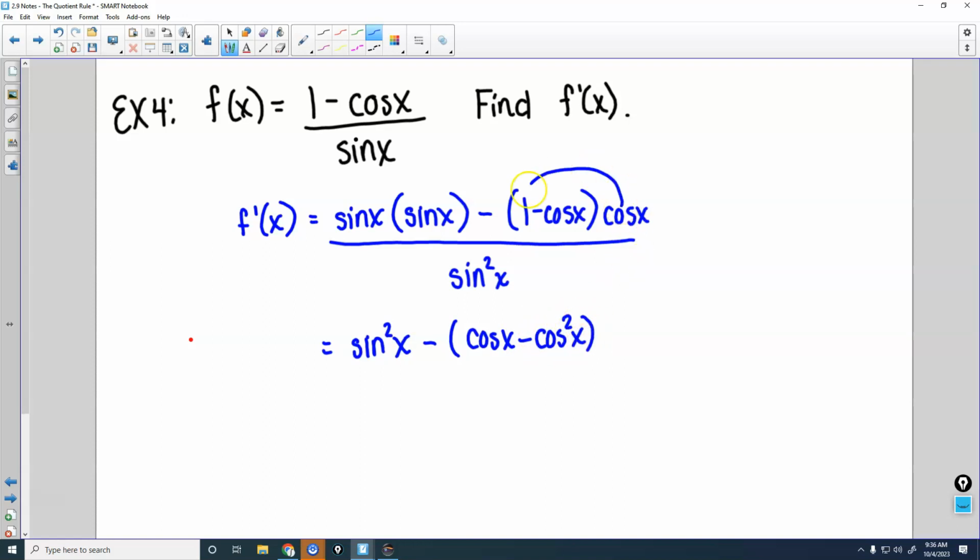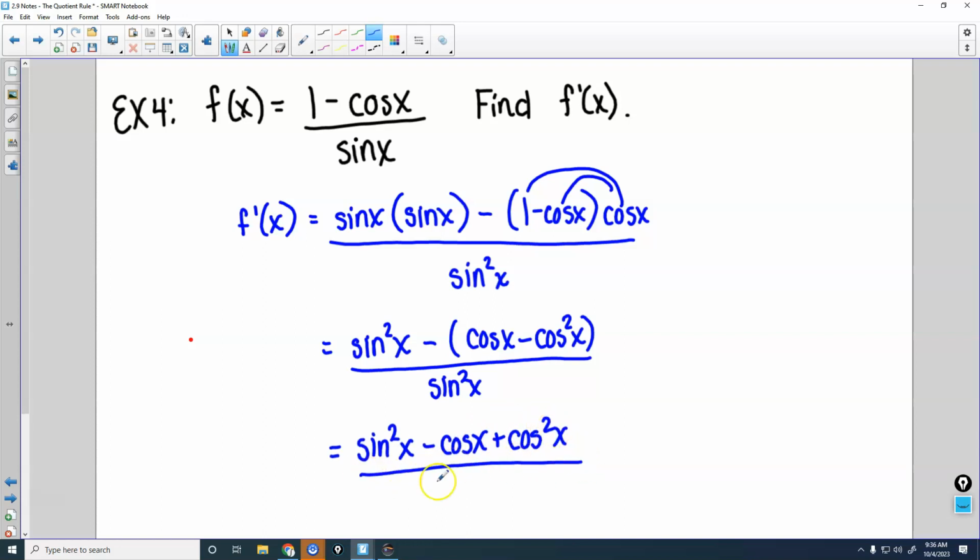Now notice I just distributed that cosine that time. That negative has also got to be distributed. You can do it in one step if you want. Just be careful. Don't get mixed up if you do. So I got sine squared x minus cosine x plus cosine squared x over sine squared x.